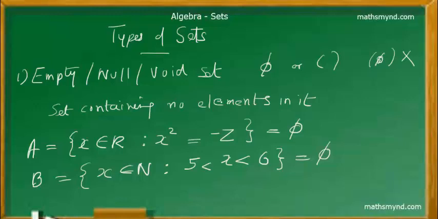Let us look at two examples. Set A, where x is an element of capital R, that's the set of real numbers, and x squared is equal to minus 2, that is, the square ending up as a negative number.